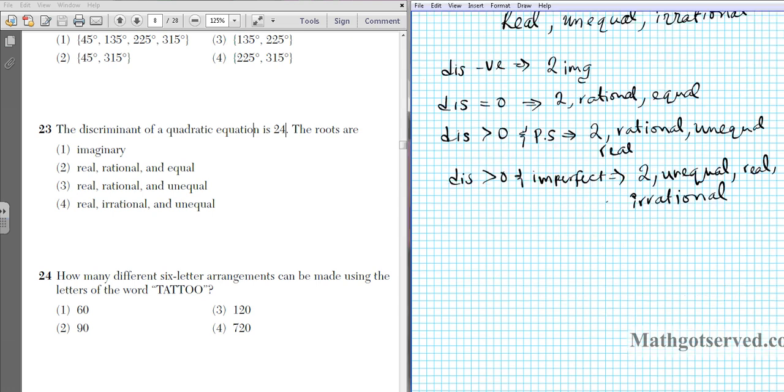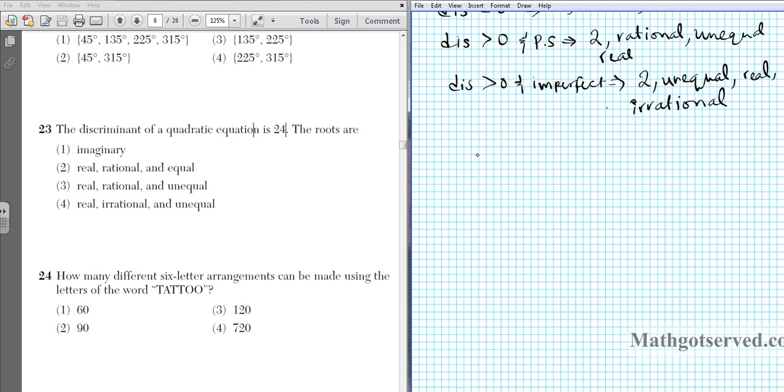In problem 24, we're asked how many different ways can the word tattoo be arranged. This is a problem involving alphabetical permutation, so there's a formula for that: n factorial over p factorial, q factorial, s factorial, and so on.